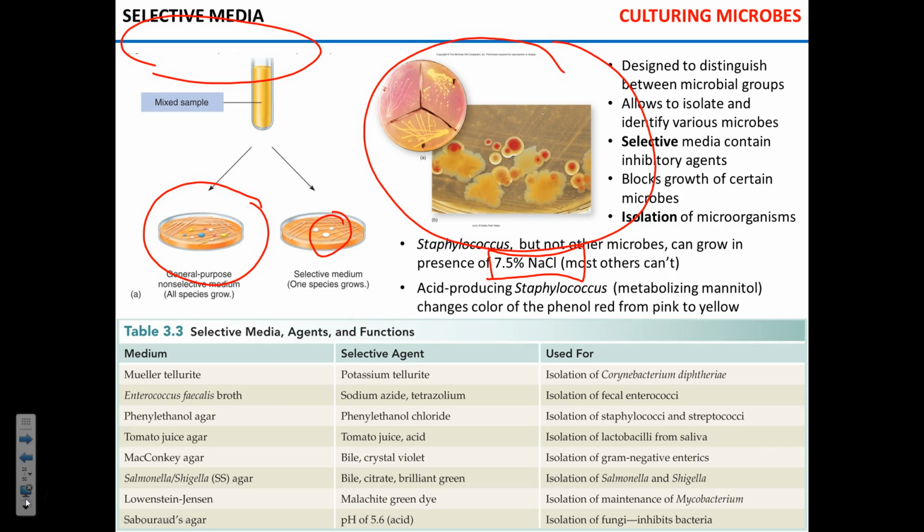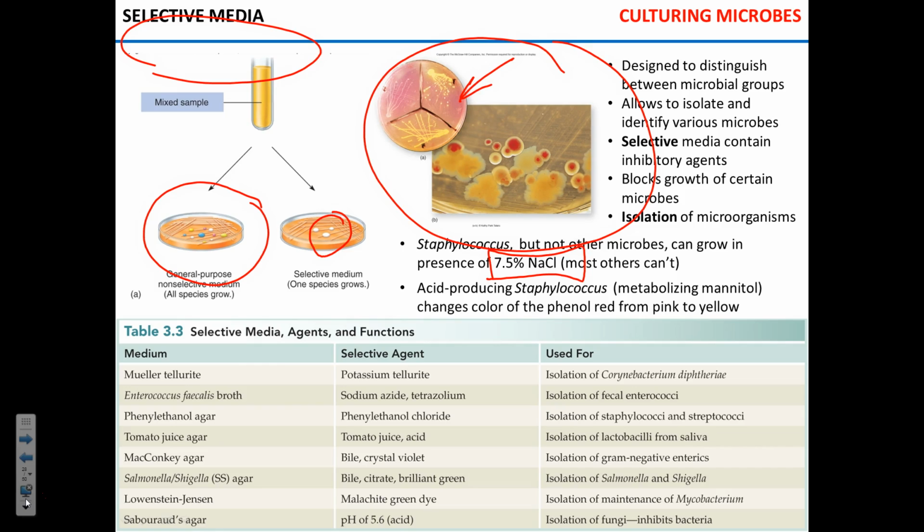Lactate, yes. Lactic acid, lactate. So lactic acid, it's acid. What kind of pH? Lower than 7. This agar has phenol red as an indicator. When pH drops, phenol red turns yellow.